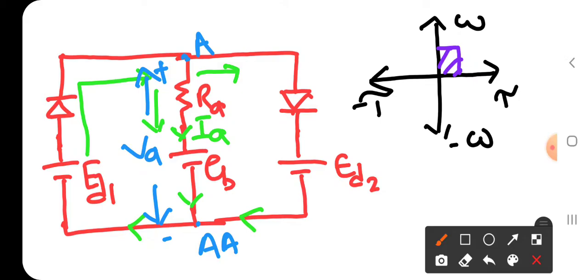Let's write that voltage applied to armature EA is positive at terminal A. The armature current flows from A to AA.